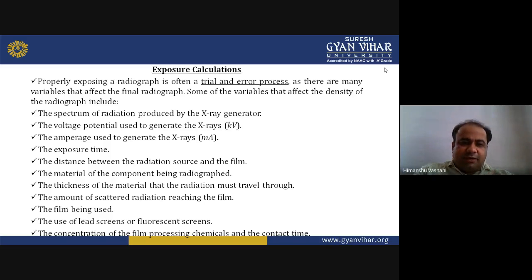Based upon the experimentation, the exposure time should be such that a proper image is captured. Then the distance between the radiation source and the film.